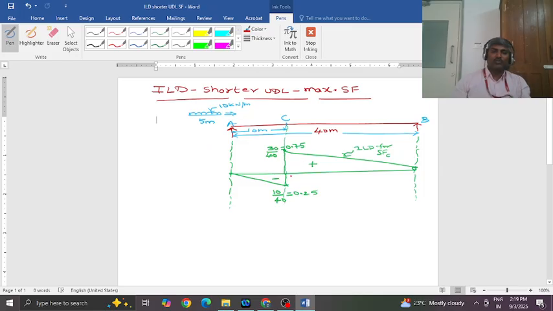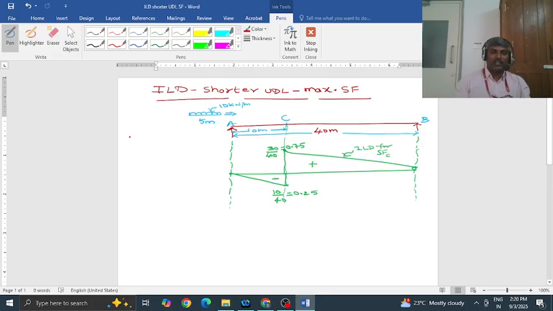So though we know by visualization, as you can see it here, maximum positive shear force is going to be the maximum shear force. So we will see that even we calculate negative shear force, and we will see that among these two values the maximum positive is the higher value among these two, right?